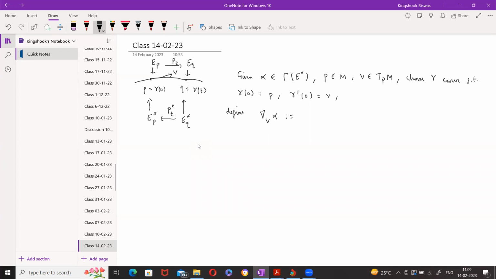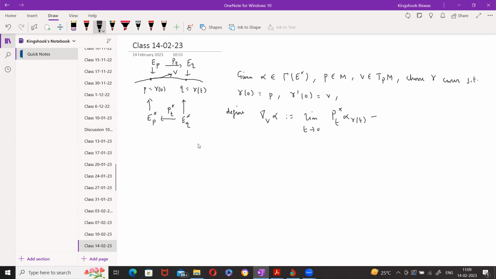You define this to be the limit as t tends to 0. So you take alpha at the point gamma t. Now this is a point in the fiber EQ star. If I apply PT star to this, that will give me a point in the fiber EP star.